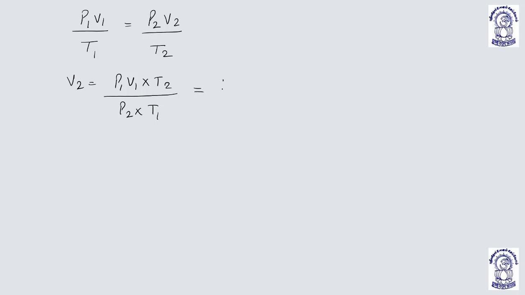P1 you have been given. Now T2 is 273, P2 is 760, and T1 you will be given. So V2 you have to find out from this.